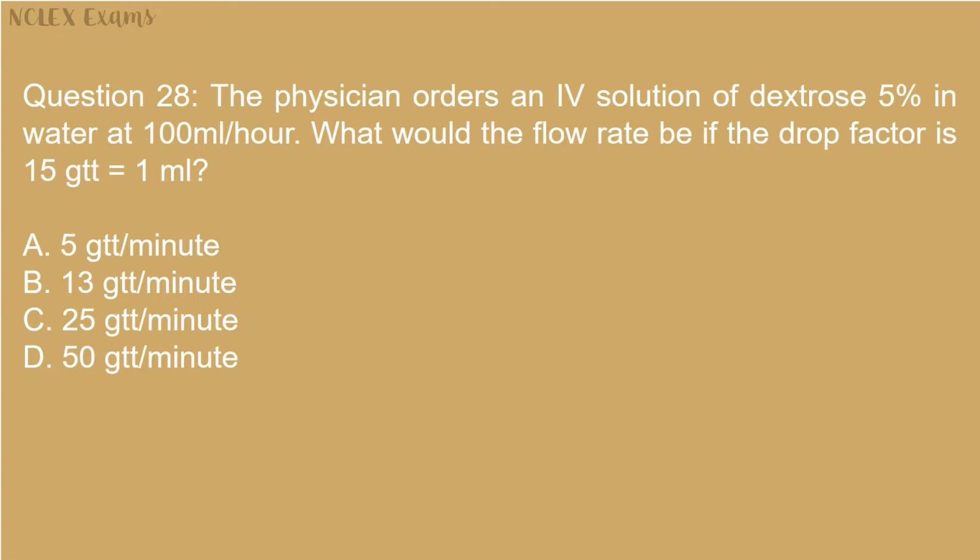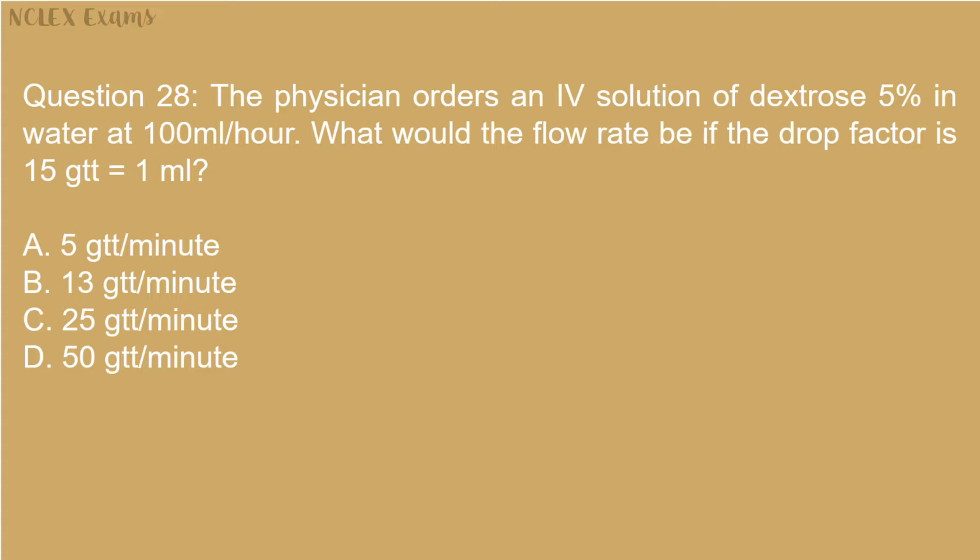Question 28. The physician orders an IV solution of dextrose 5% in water at 100 milliliters/hour. What would the flow rate be if the drop factor is 15 GTT equals 1 milliliter? A. 5 GTT/minute. B. 13 GTT/minute.